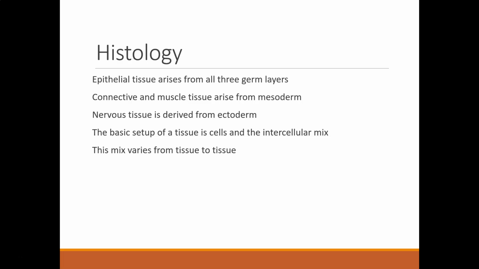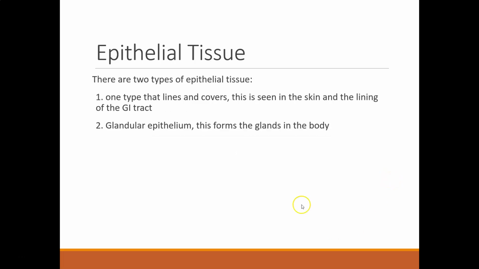So we say the basic setup of tissue is cells that we see under the microscope and the stuff that we find between the cells within the tissue. Obviously, this intercellular mix really is that structure governs function. The things that we find in the intercellular spaces really do influence what the tissue can do and what its properties are. So we can say that the intercellular mix varies from tissue to tissue.